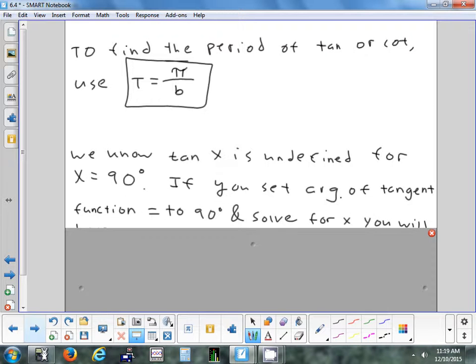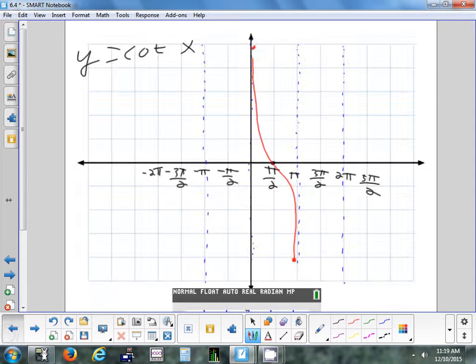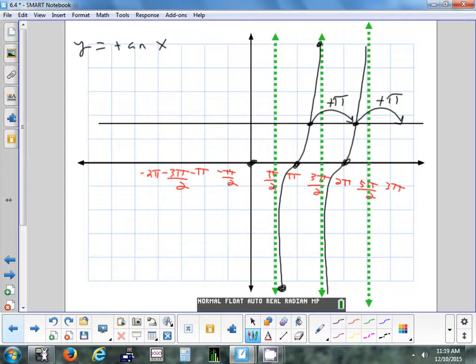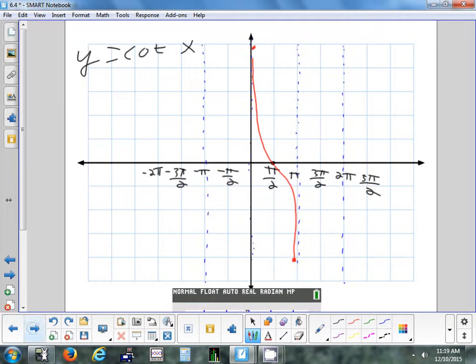Another thing I think is helpful when you're trying to graph is to figure out where your vertical asymptotes are. Because if you can find those, then you've basically drawn yourself a section, and that's what you're going to sketch in between those asymptotes. But you need to find them first. Well, the first positive asymptote for tangent occurs at pi over 2, or 90 degrees.